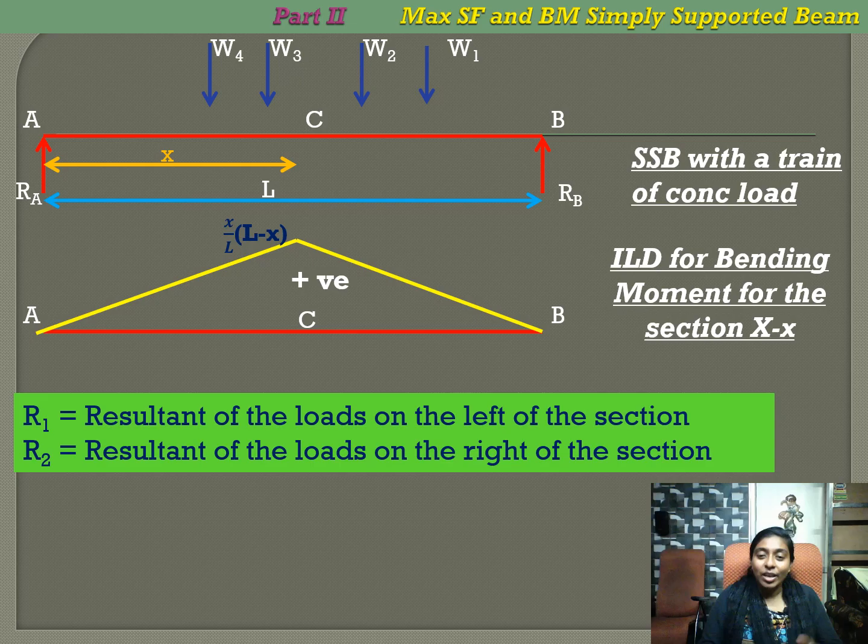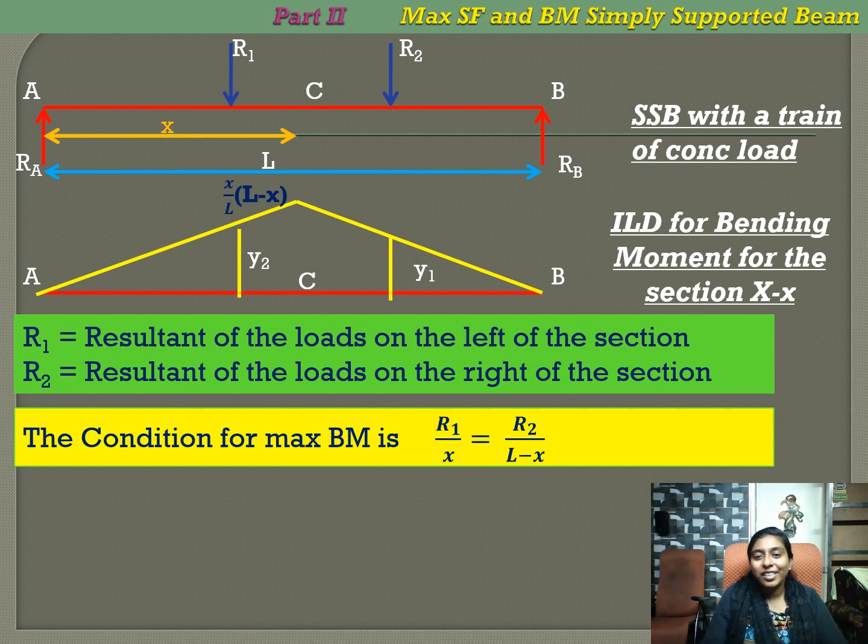Now, we have two sets of loads. We take the resultant of the loads acting on the left of the section as R1 and the resultant of the loads acting on the right of the section as R2. Now, for the condition for maximum bending moment, we take the bending moment and differentiate it to get the condition.